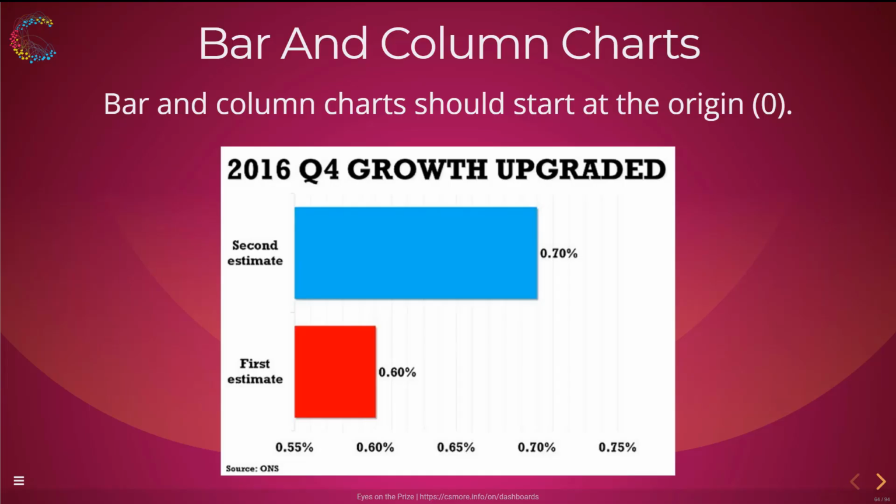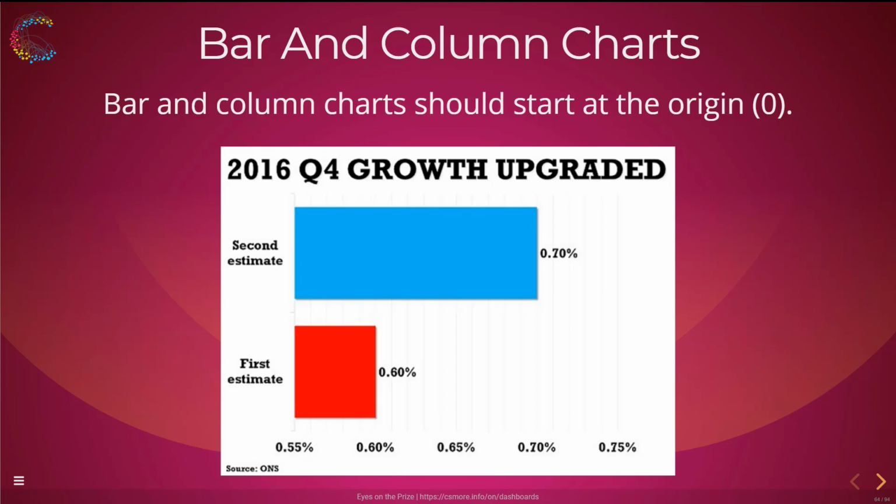Regardless of which you choose, make sure that you start at the origin. Here's a case of a chart where you look at it and you say, oh, the first estimate was like a third of the second estimate. That's a huge difference, because a lot of people don't look at the numbers. They just look at the relative sizes of the bars. And that's kind of what a bar chart helps you do.